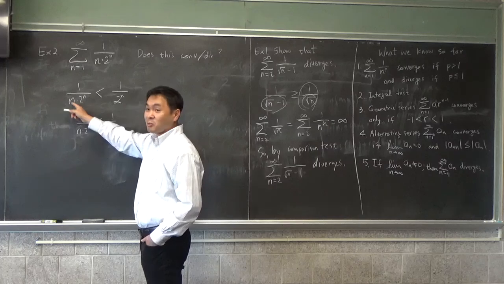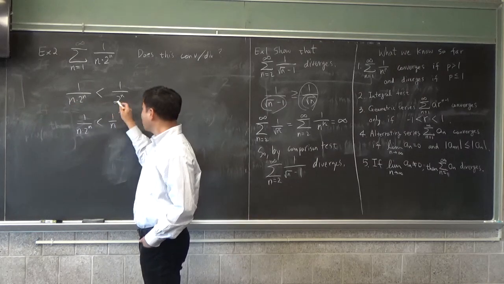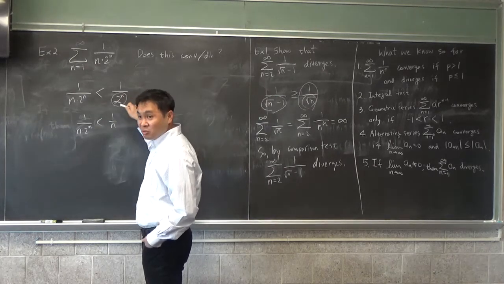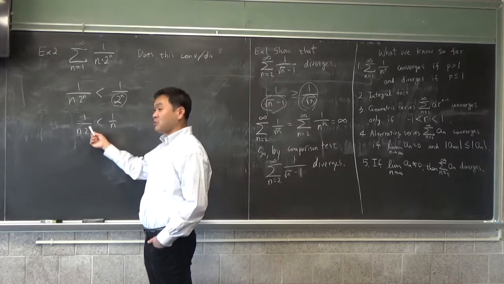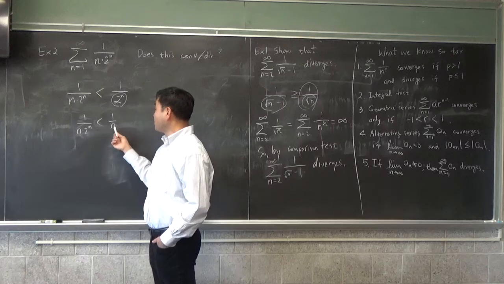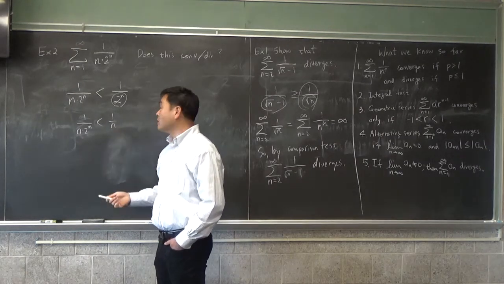Because n is like 1, 2, 3, 4, 5. If you delete that, this denominator is smaller. But if the denominator is smaller, the entire fraction is bigger, right? Same deal here. 2 to the n is bigger than 1. So if you get rid of it, you get a smaller denominator. Therefore, the fraction will become bigger.